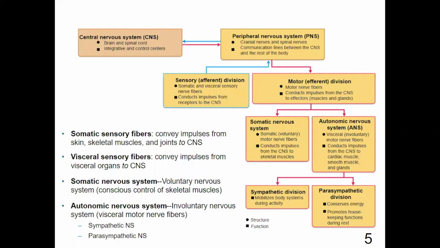So in this figure, we can see the breakdown of the classifications of the nervous system. So starting at the top here in red, we see the central nervous system includes the brain and spinal cord. The peripheral nervous system, which is essentially everything but the brain and spinal cord, can be divided into the sensory division and the motor division.